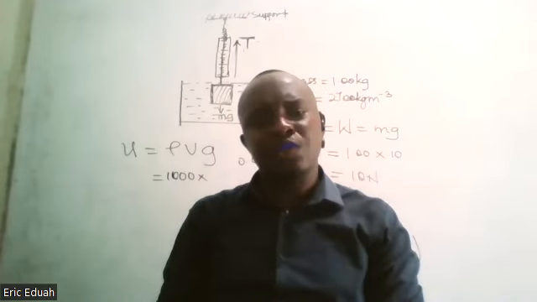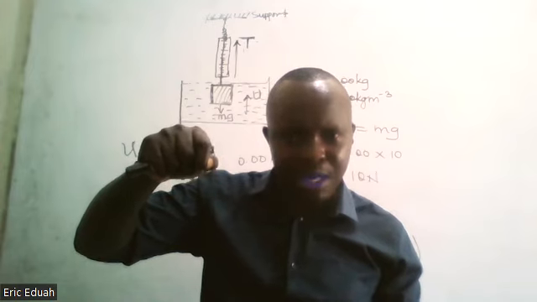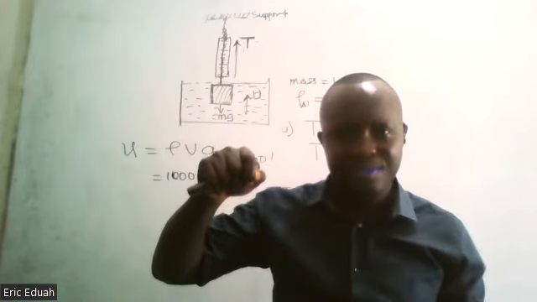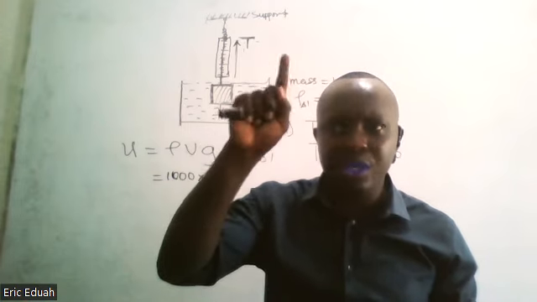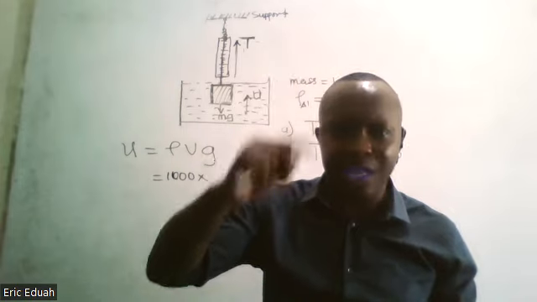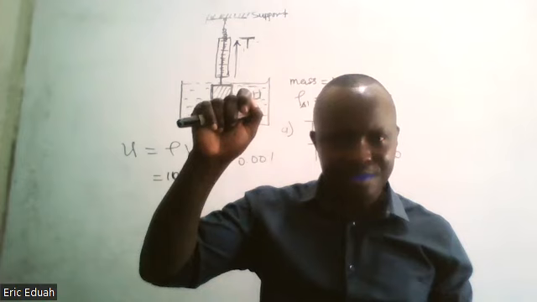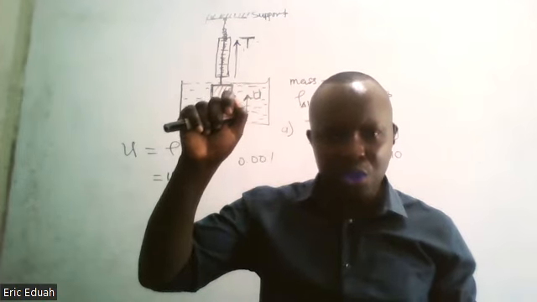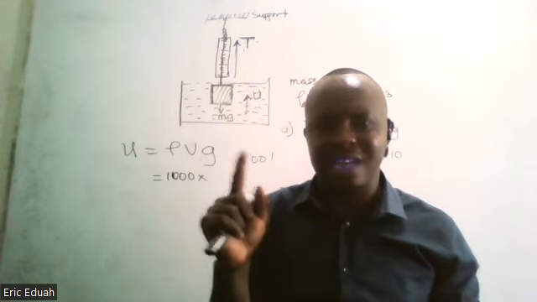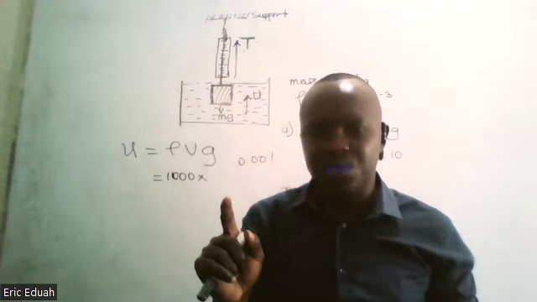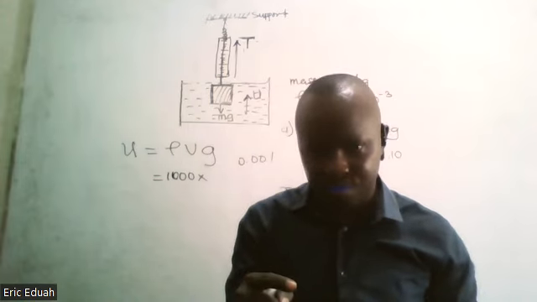Then the object tied to the string was gently lowered into the measuring cylinder. Then you took note of the final volume after the rise in the level of water, V2. You determined the volume of water displaced by subtracting the initial volume from the final volume.